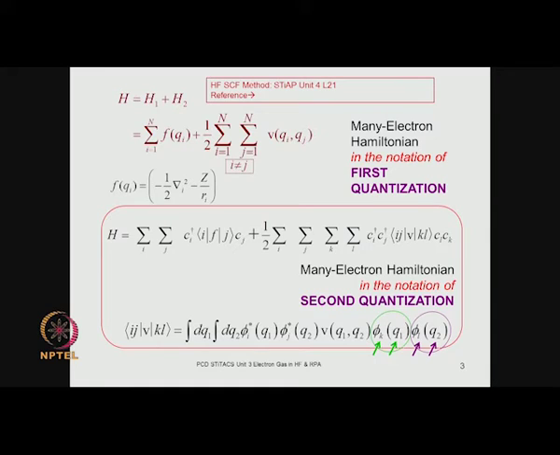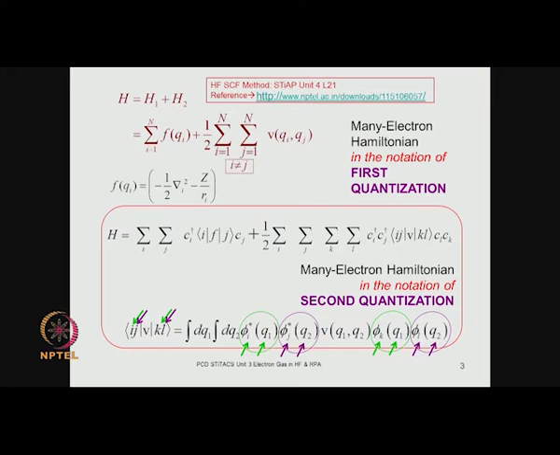So, q1 is the argument of the single particle function for the quantum state k, and q2 is the one for the quantum state l, because q1 is associated with the quantum state i, and q2 with the quantum state j. One has to keep track of this. Yes, you can change these dummy variables, but you have to do it in a consistent manner.